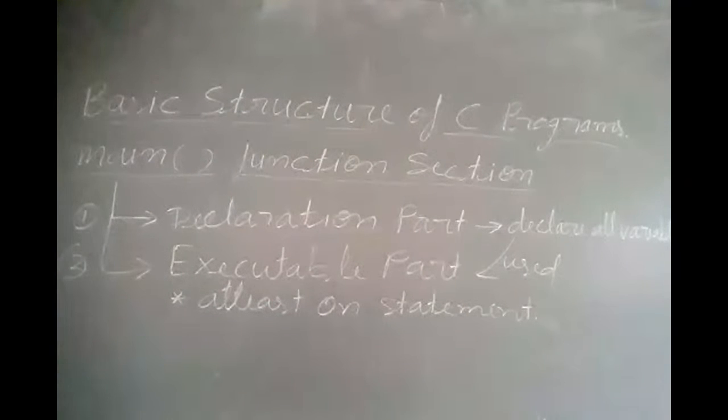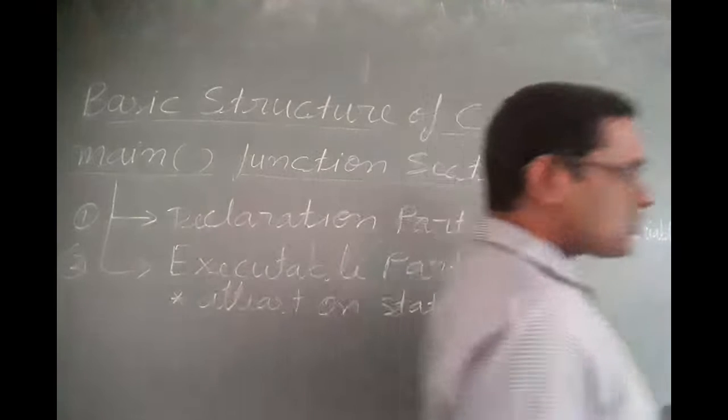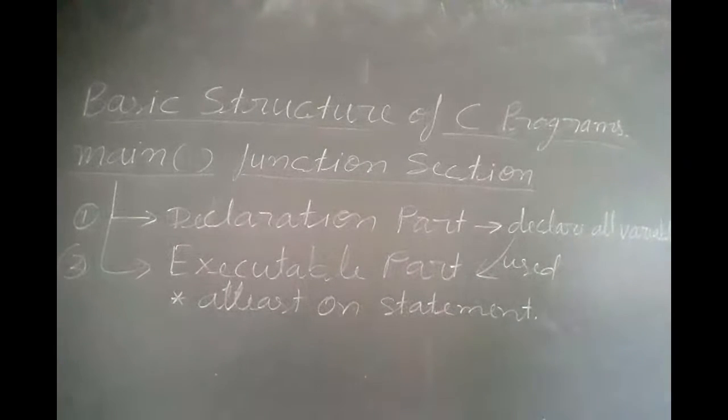This is the restriction with the executable part. And another thing, as per the structure of the C program, we should put the declaration part and executable part within the opening and closing braces.